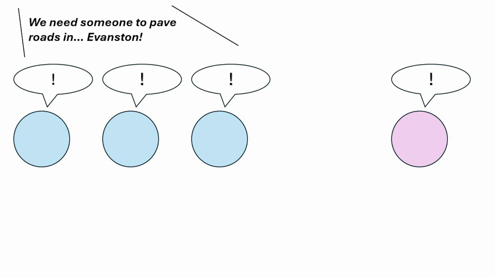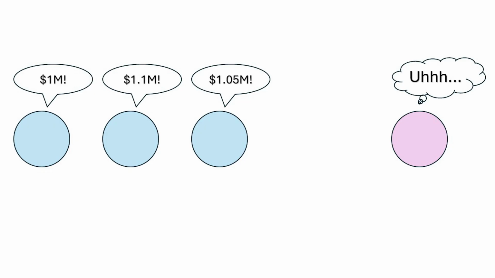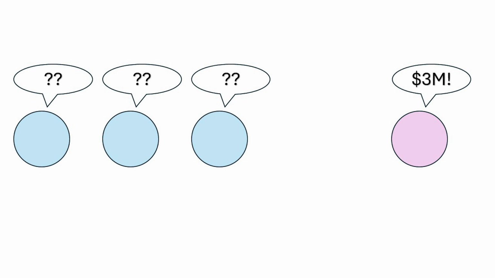Say the government is asking someone to pave roads in Evanston. These data-savvy companies tend to bid close to each other because they're looking at the same benchmark data, whereas our confused, not-so-data-savvy companies tend to bid far off. At which point, our competitors would be confused and laugh at us, and we'll be very sad.